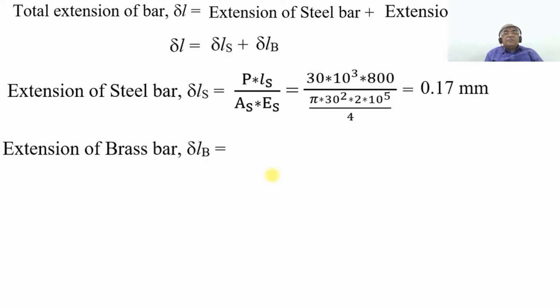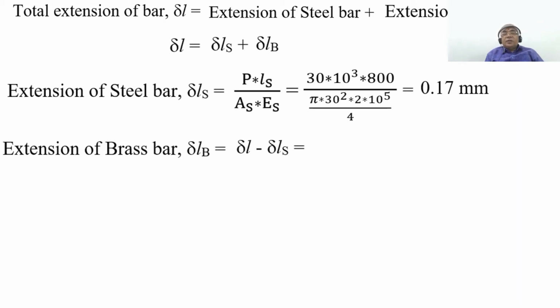Similarly, what is the extension of the brass bar? That is P into LB by AB into EB. We know the total extension delta L is given, and the extension of the steel bar I have calculated. I want to find the extension of the brass bar.